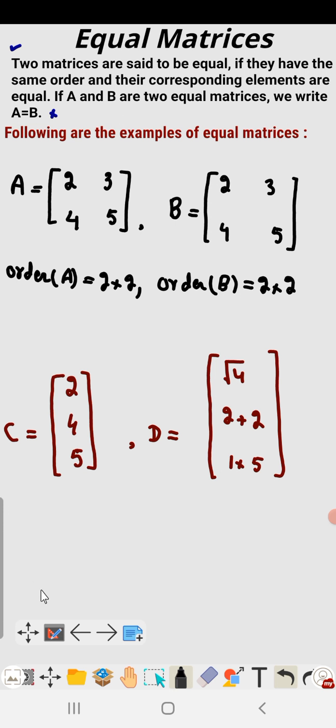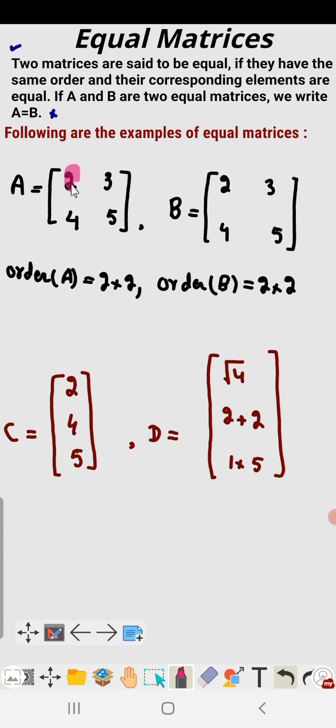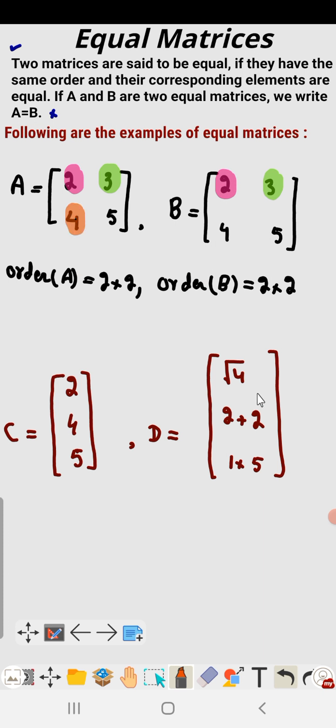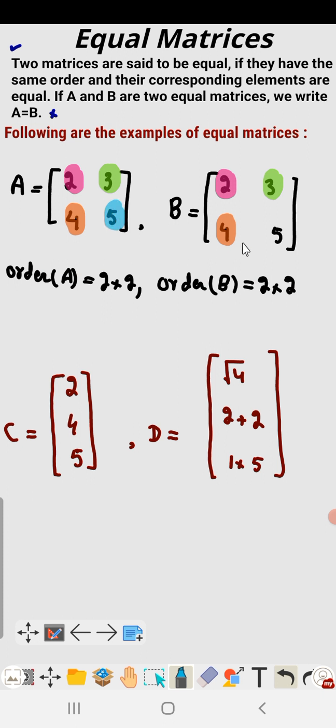Now look at corresponding elements. We see that corresponding elements are also equal.